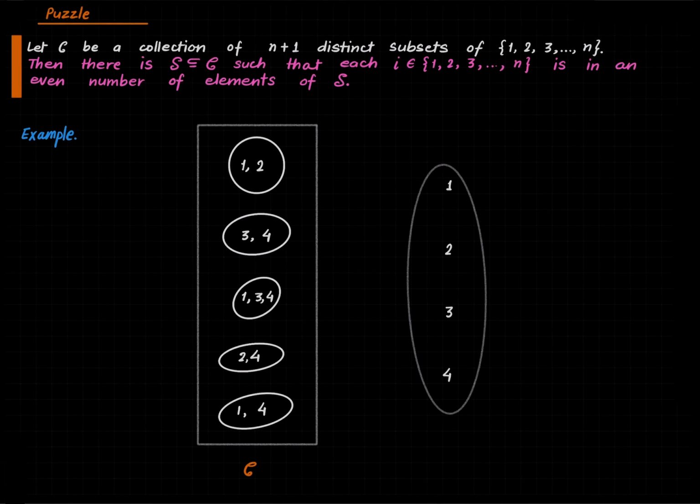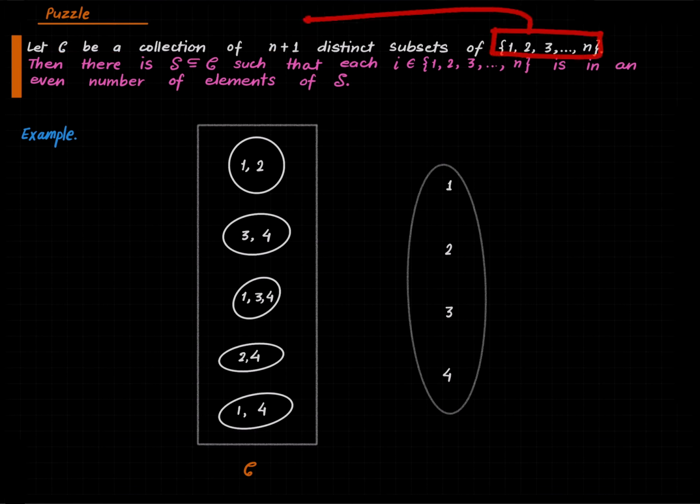So let me start with a puzzle which will orient us or anchor us to the following concepts. Fix a collection of subsets of this particular set, where script C has size n plus 1. So we have this n element set.